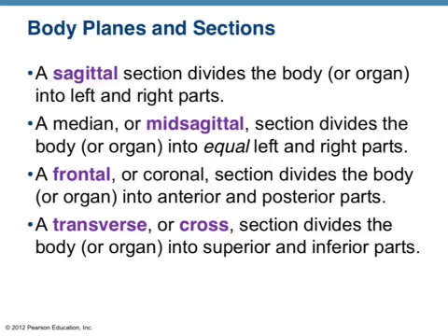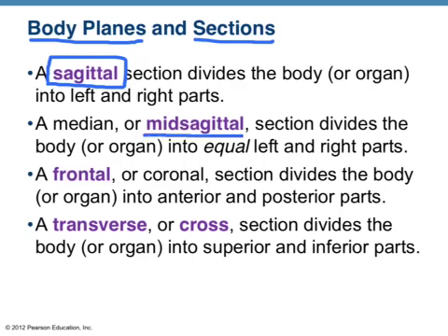Next we have information or words that pertain to body planes and sections of the body, and these are again general terms, but sagittal is a term that describes a plane of the body that would divide it into left and right parts.